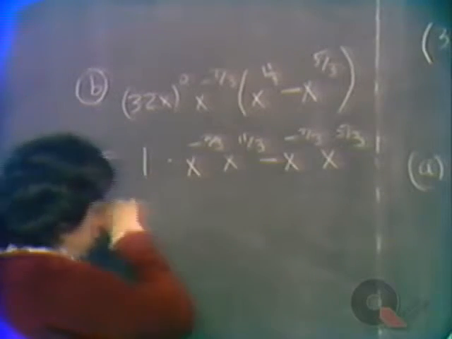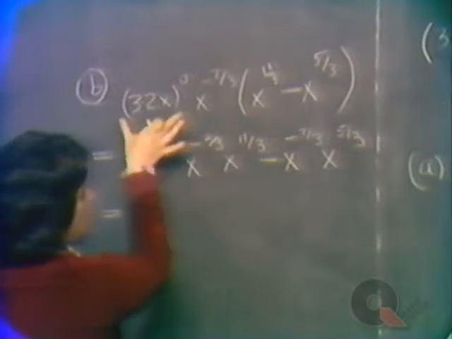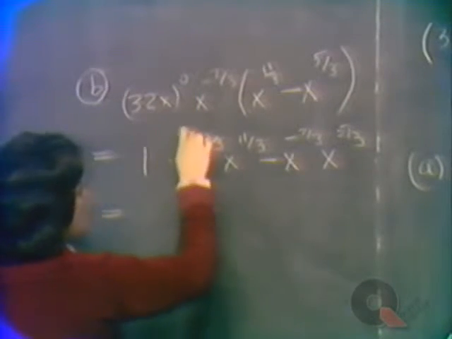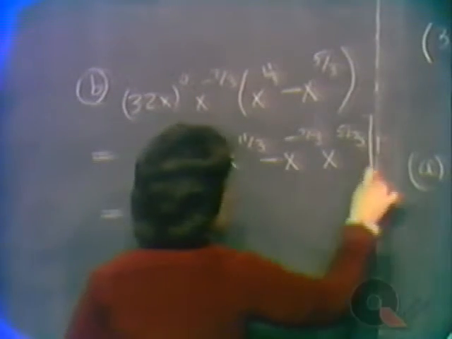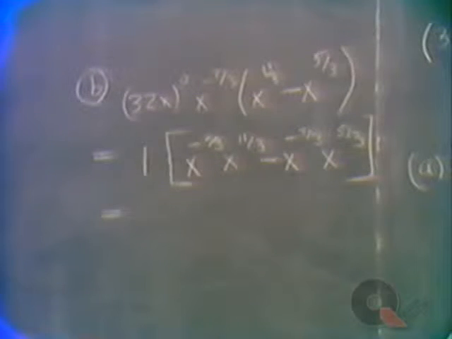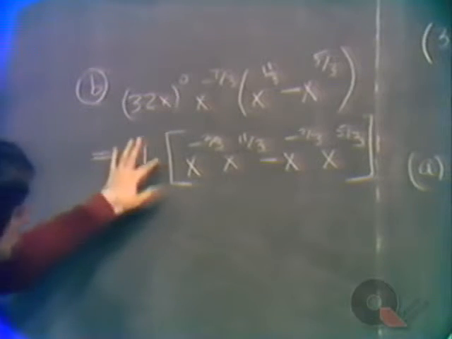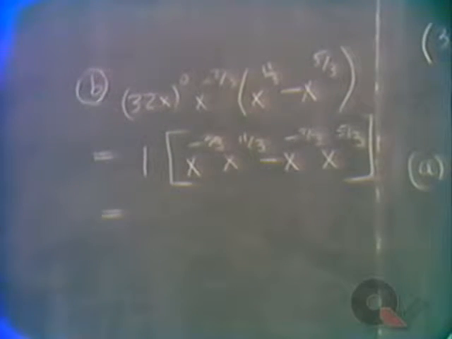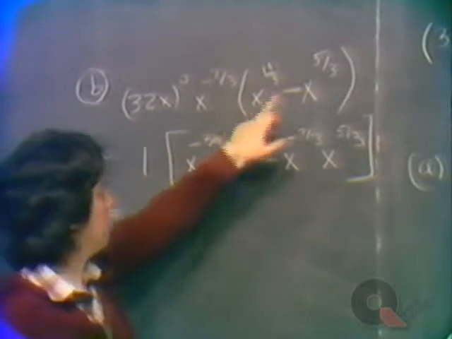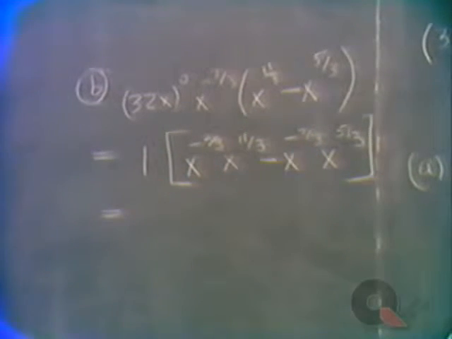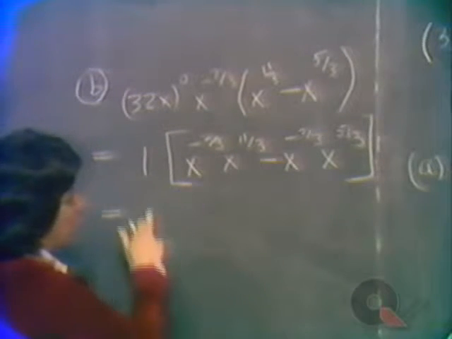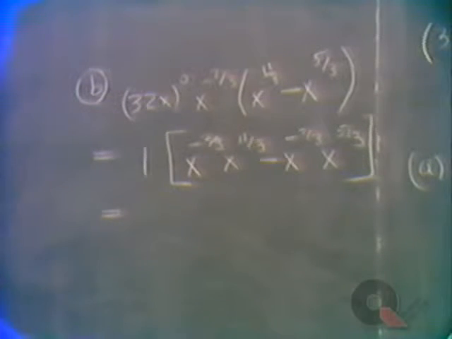Since this is just 1, but it's multiplying the whole thing, it really should be written like that: a times b minus a times c, all preceded by the 1. We can just drop the 1 here because 1 times something is just that something.